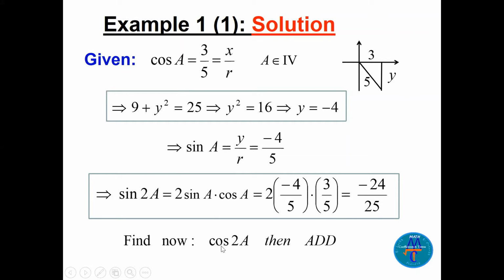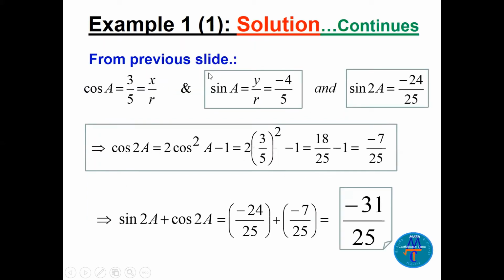Now let's find cosine 2a, where we have 3 formulas, and then you can add these two values. Let me mention here, we have cosine of a given, so it's better to use this formula for cosine of 2a, 2 cosine squared of a minus 1, because 3 over 5 is already given.